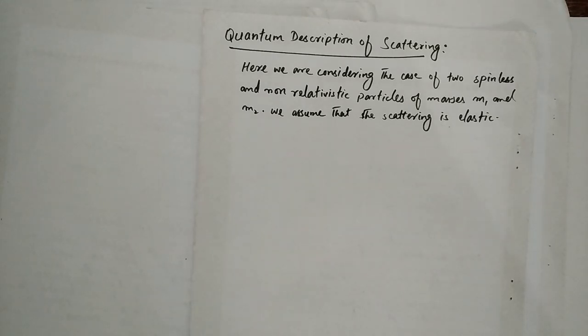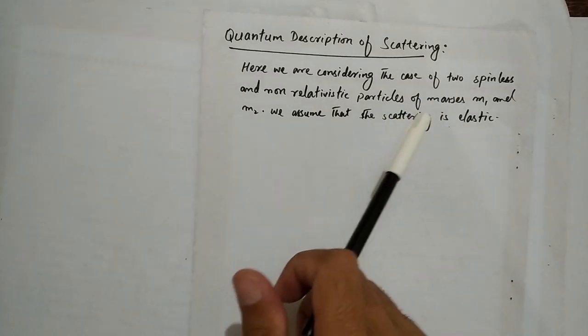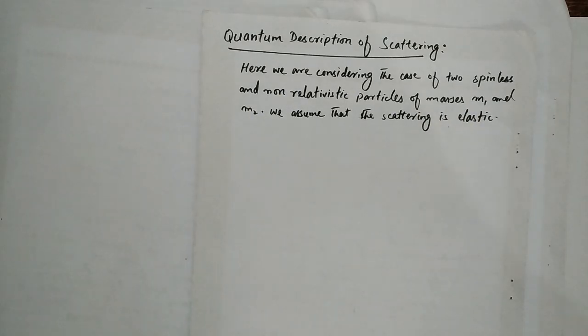For simplicity, we consider the case of two spinless and non-relativistic particles which have masses m1 and m2, and we assume that the scattering between the two particles is elastic scattering.